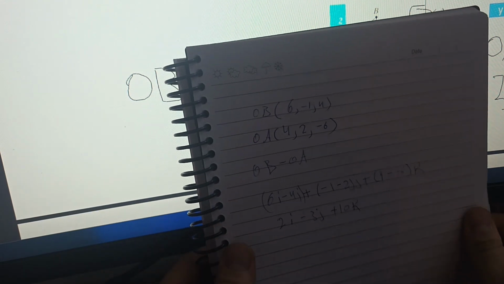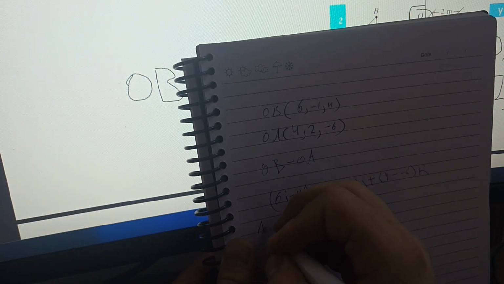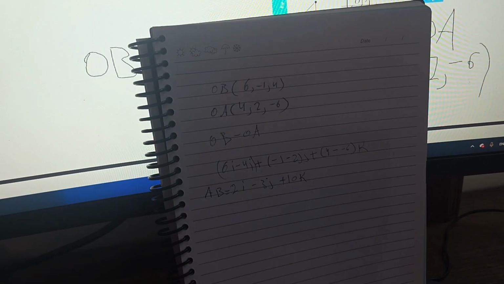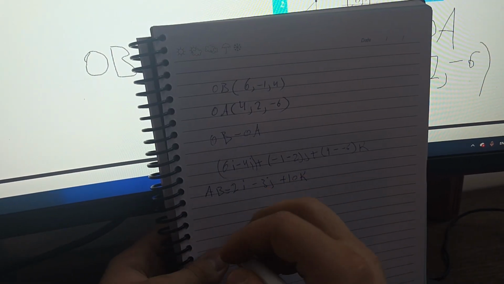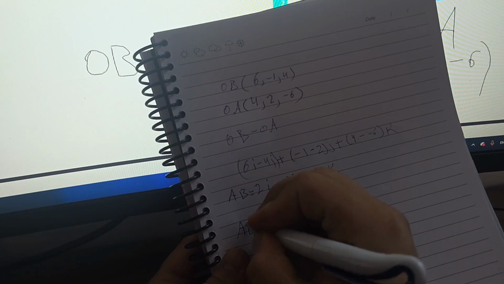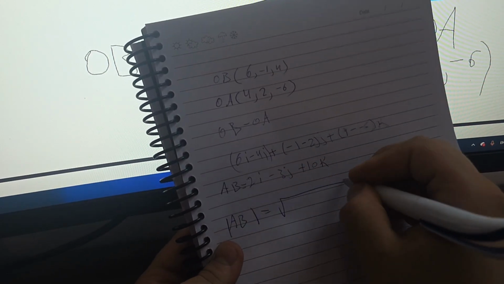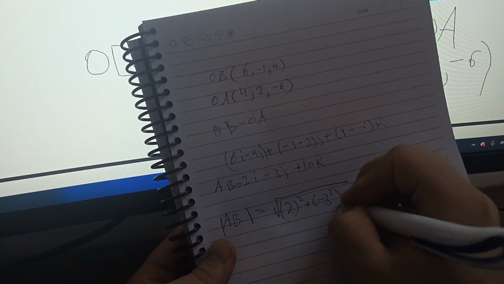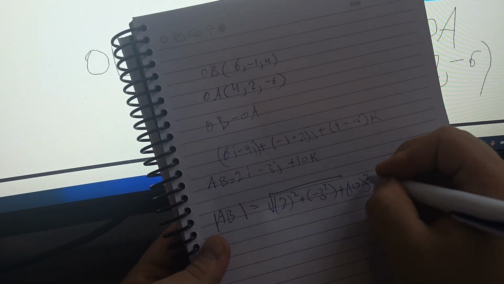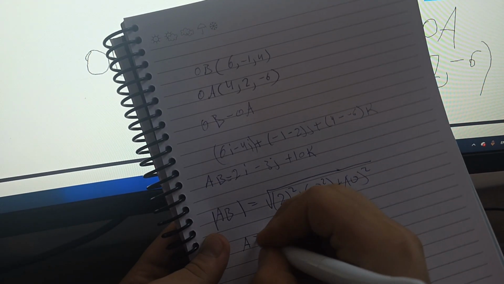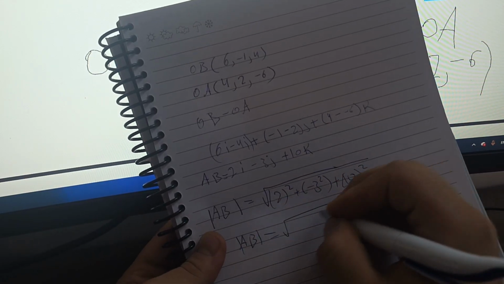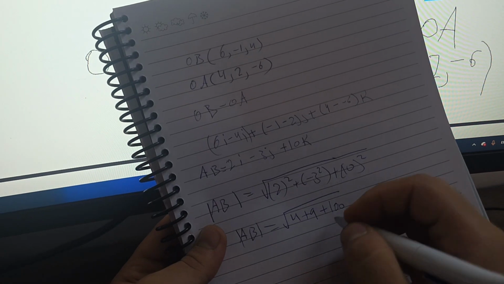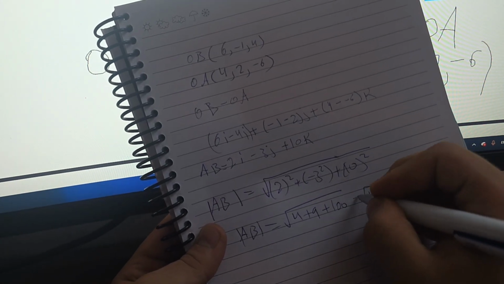So that is the equation of our vector AB. Now to find the magnitude of AB, you write AB and draw two lines next to it. Square root of 2 squared plus -3 squared plus 10 squared. Now the magnitude will equal 4 plus 9 plus 100, which is square root of 113.